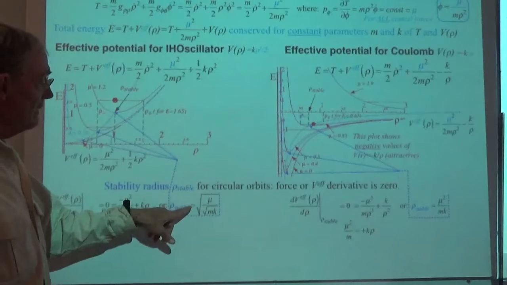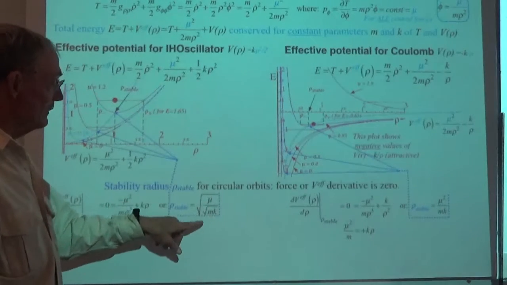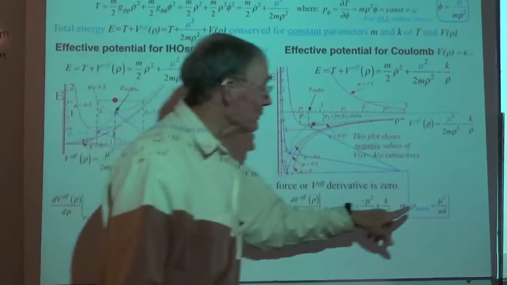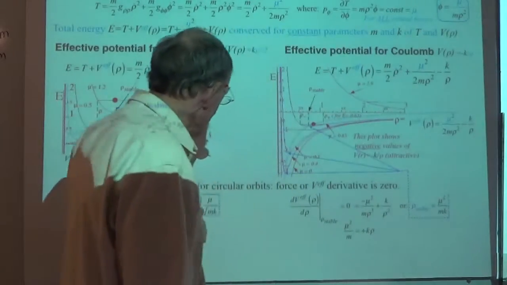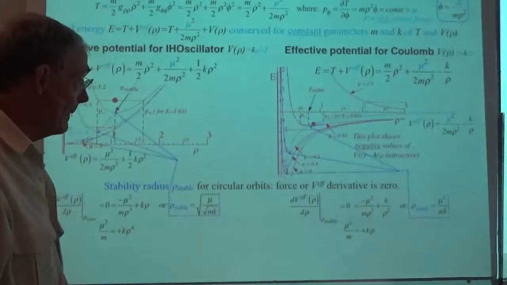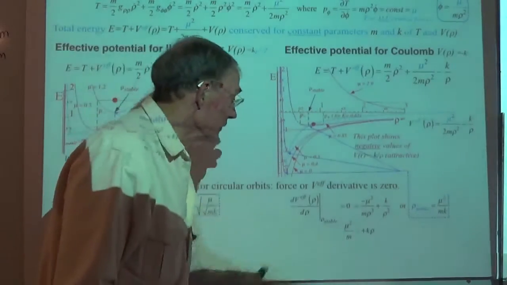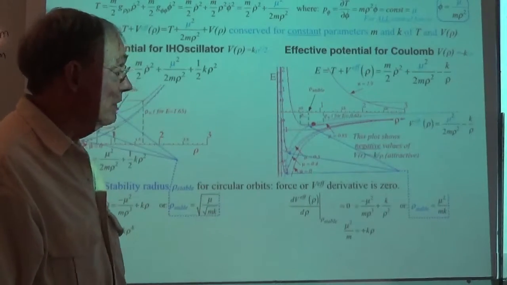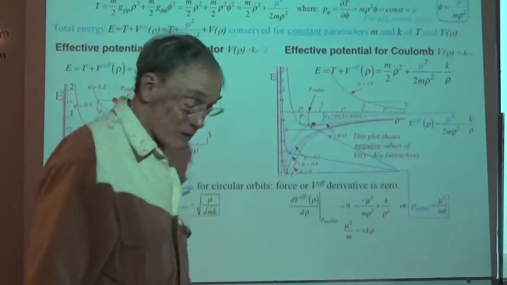If I square that, then I have mu over the square root of mk. This one's just giving you mu squared over mk. So there's a big difference right there. The equation here is equivalent to this one, where you're balancing centrifugal force and the attraction.